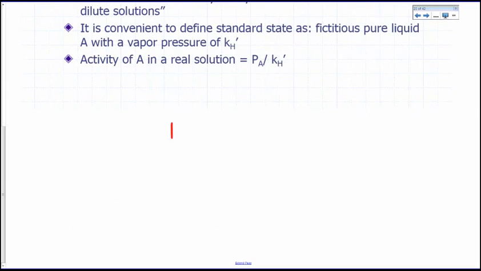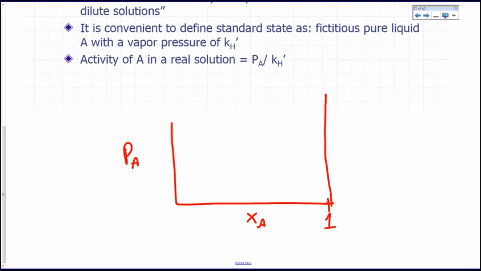Remember we said that if you were to plot partial pressure of A versus mole fraction of A, if it were to obey Raoult's law, then here you have the partial pressure of A pure, and it starts at 0 here.